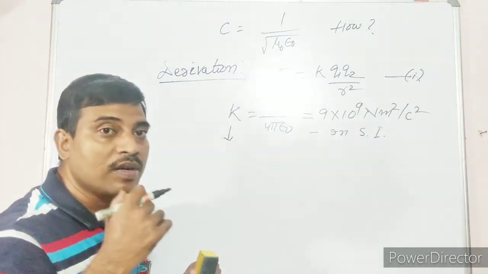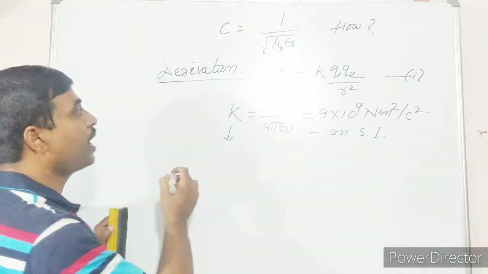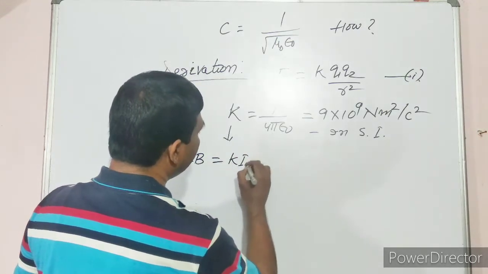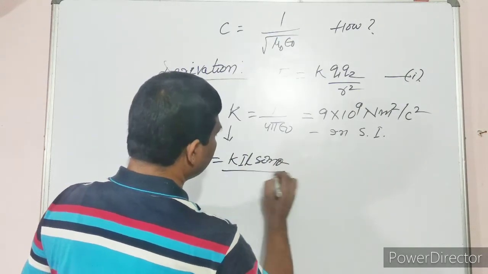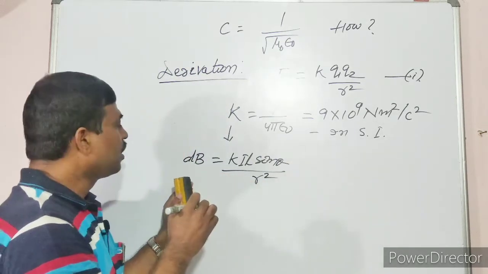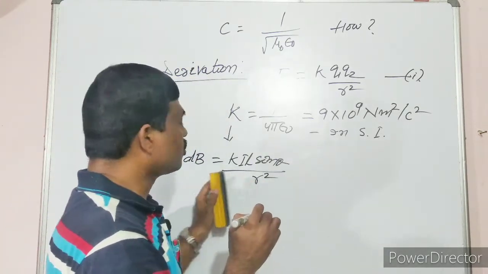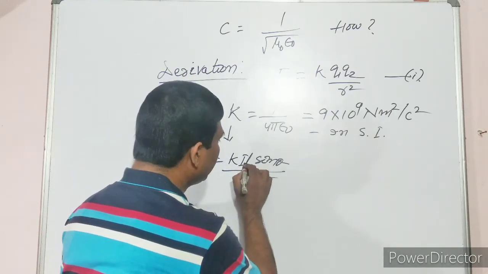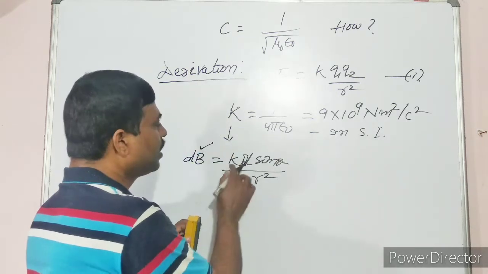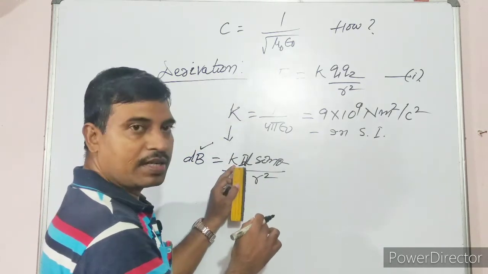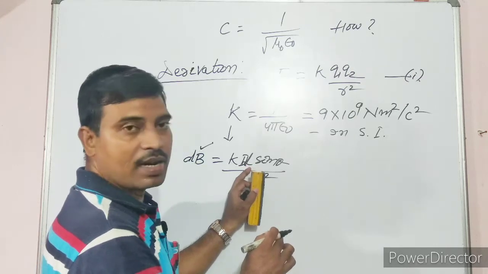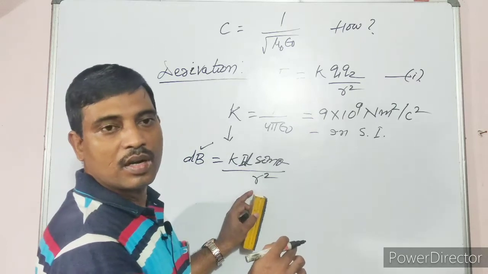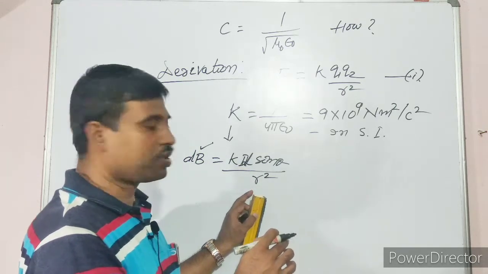But do you know Biot-Savart's law? From Biot-Savart's law, dB is equal to K I dl sin theta by R square. The magnetic field produced by a conductor is directly proportional to the current element I dl and sin theta, and inversely proportional to the square of the distance from the point of observation.